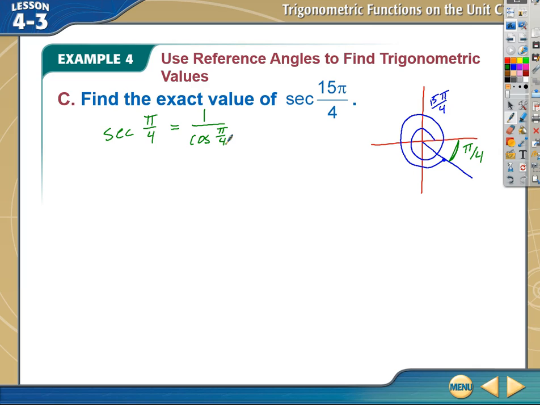Given that, pi over 4, that's my 45 degree one, this is going to be equal to 1 over square root of 2 over 2, which means 1 times 2 over square root of 2, which I don't like, that square root of 2 on the bottom.